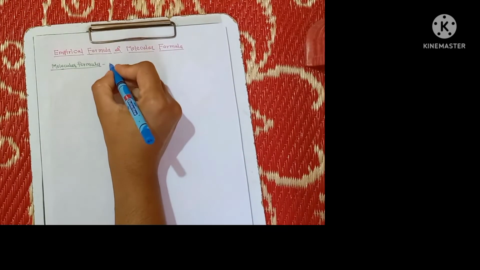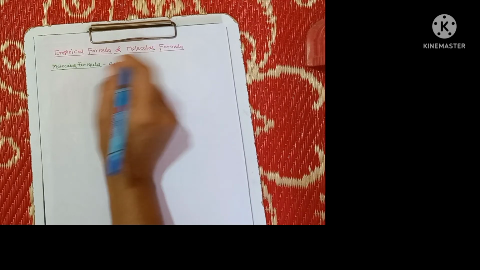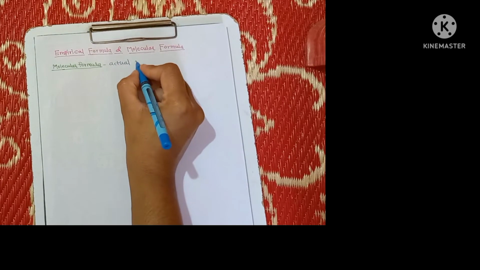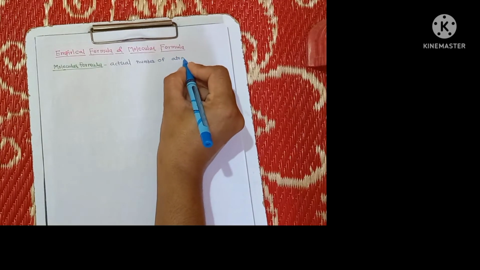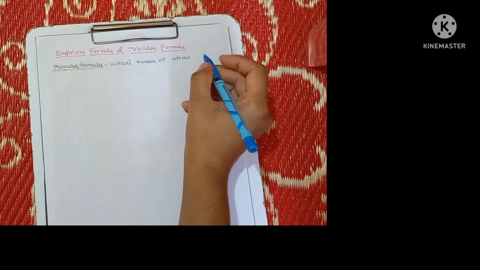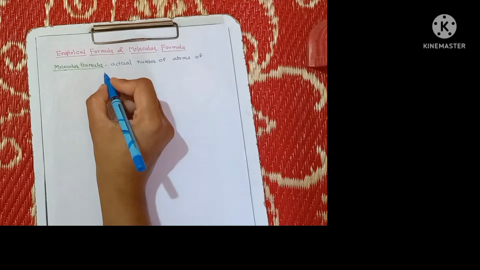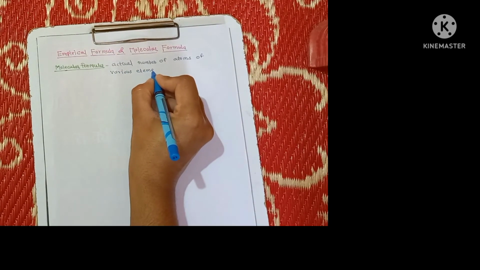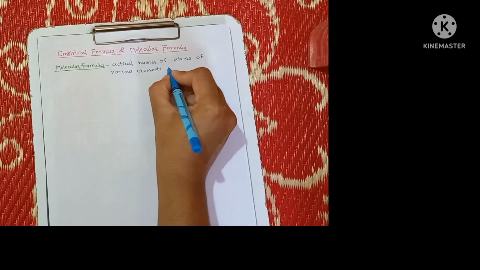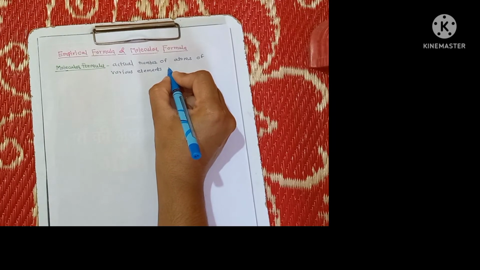So the molecular formula is nothing but the actual number of atoms of various elements present in one molecule of the compound.